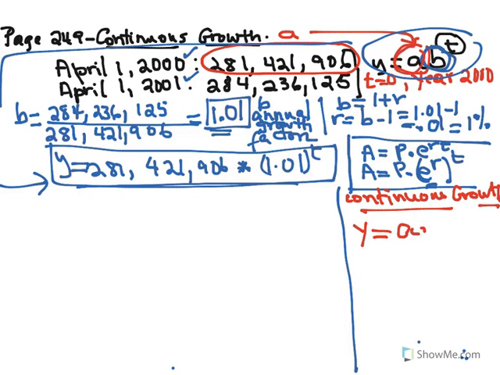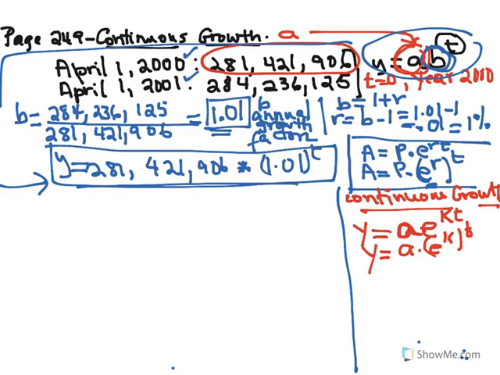I'm going to use exactly the same a, times e to the kt. Okay, so the same function y equals a times b to the t will be represented as y equals a times e to the kt. And again, I'm going to write it as a times e to the k to the t.